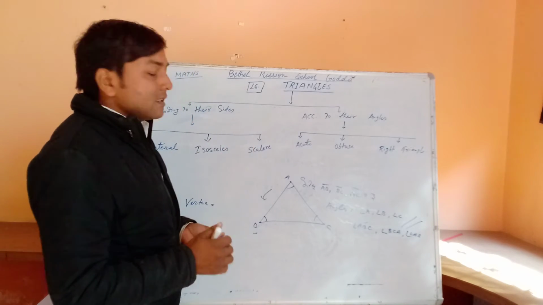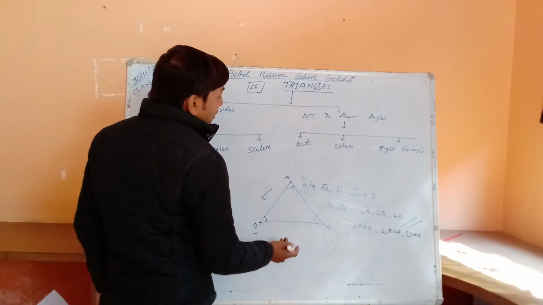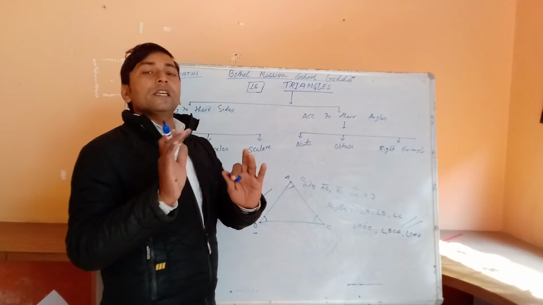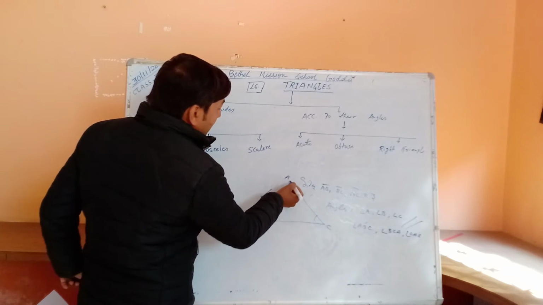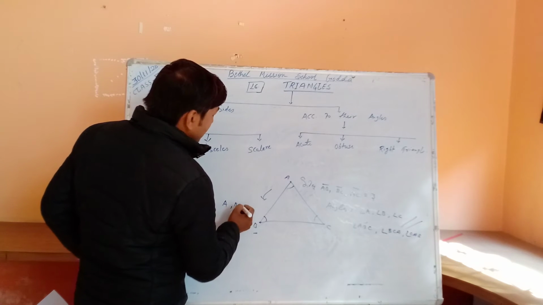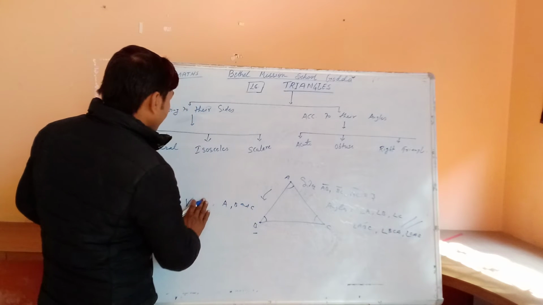So how many vertices are there? 1, 2, 3. Where 2 sides meet each other, the common end point is known as a vertex. So how many vertices? A, B, and C. There are 3 vertices.